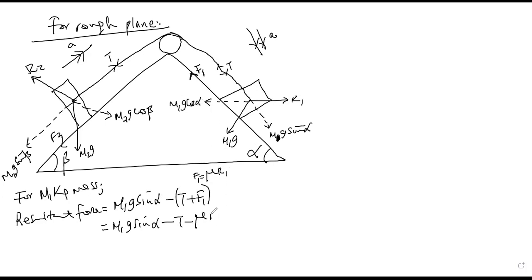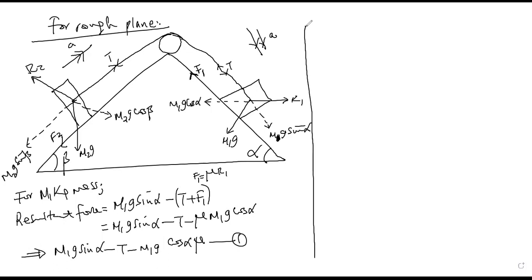So the overall force becomes m1g sine alpha minus T minus mu m1g cos alpha. I call it equation 1.